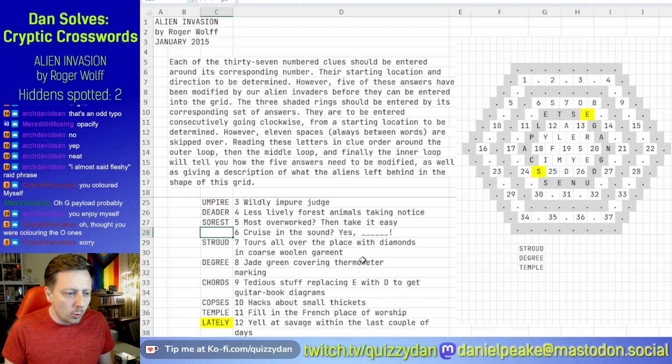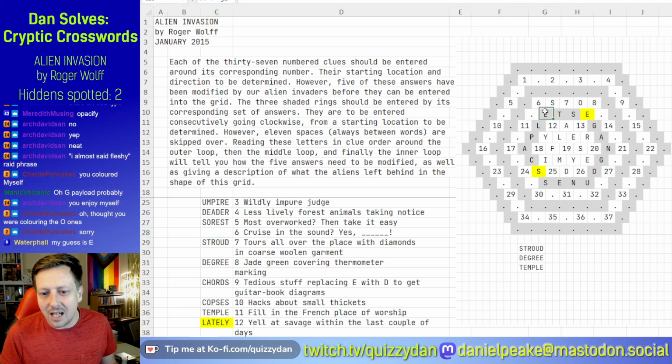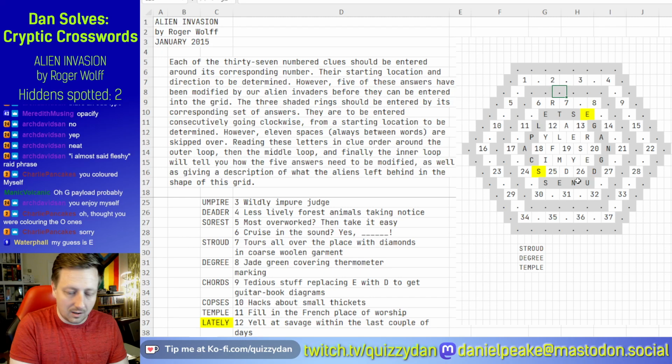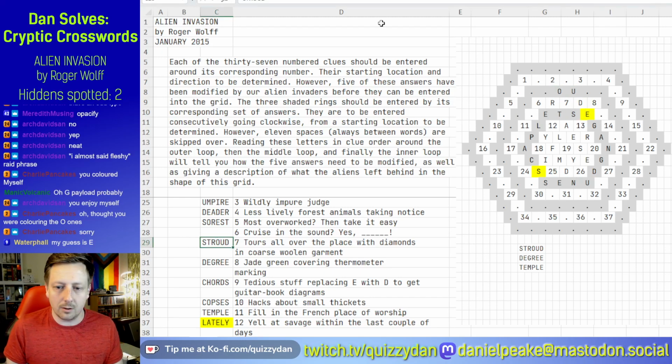What is this? Cruise in the Sound. Yes. And I know that there's an S and an E. I'm confused by... hang on. That S and O weren't definite, because that's doing that, isn't it? That's going in there.